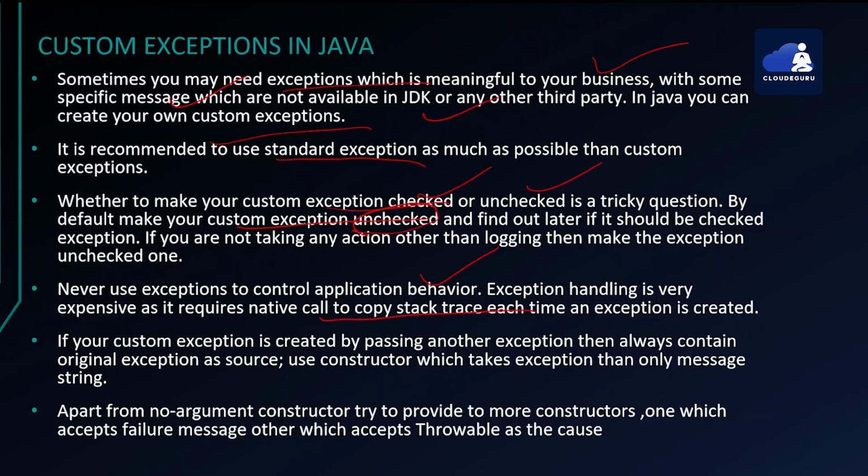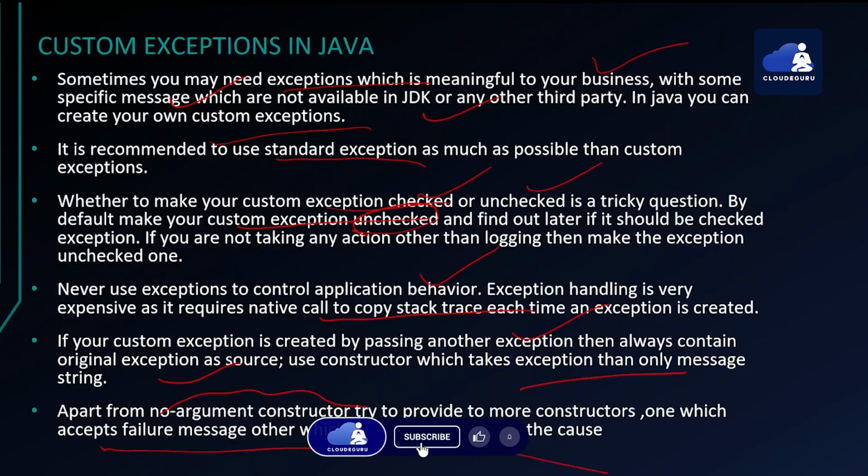If a custom exception is created by passing another exception, then always keep the original exception as the source. Use a constructor which takes the exception, not only the message string. So try to create exceptions which take both the exception and the message, not only the message. Apart from the no-argument constructor, provide a constructor which takes the failure message along with the throwable or the exception.